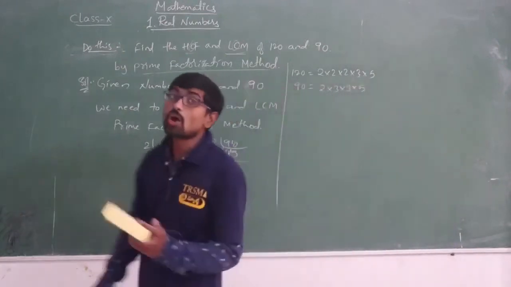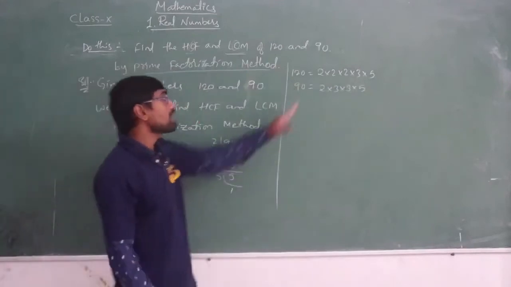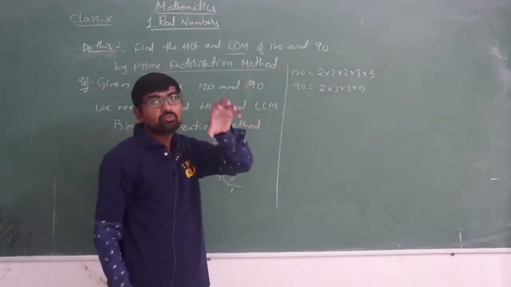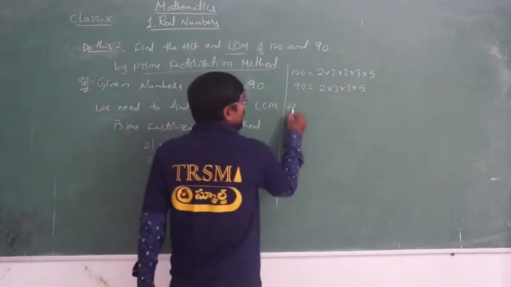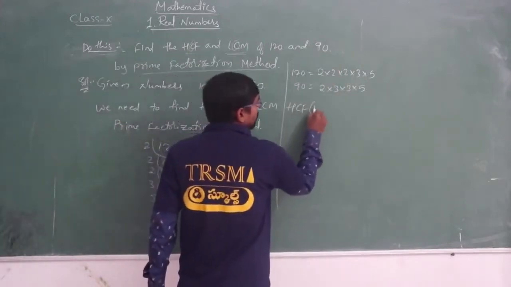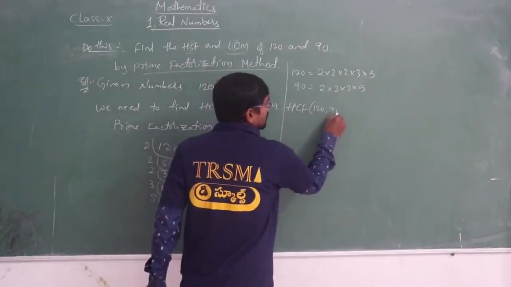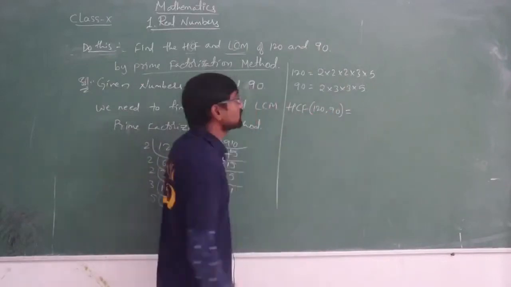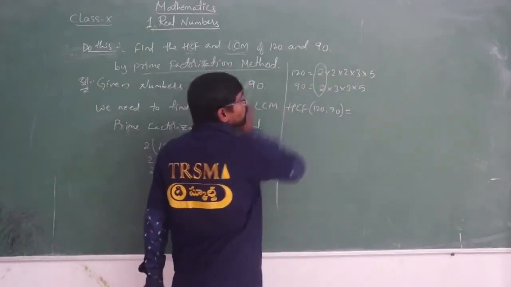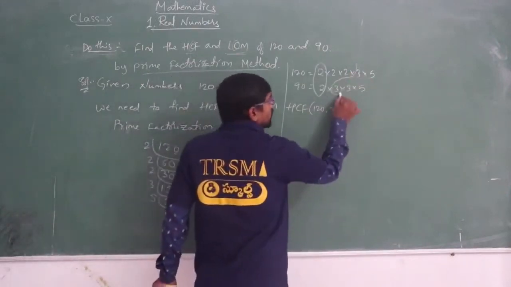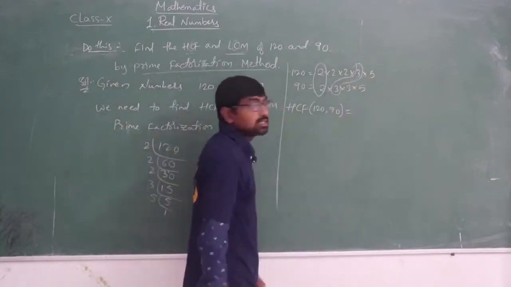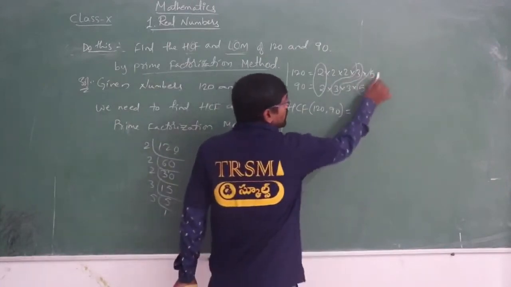For the highest common factor, as we have got the factors, we have to take the common factors first to find the highest common factor of 120 and 90. What are the common factors? Here one 2 is common, again one 3 is common, and at last one 5 is common.